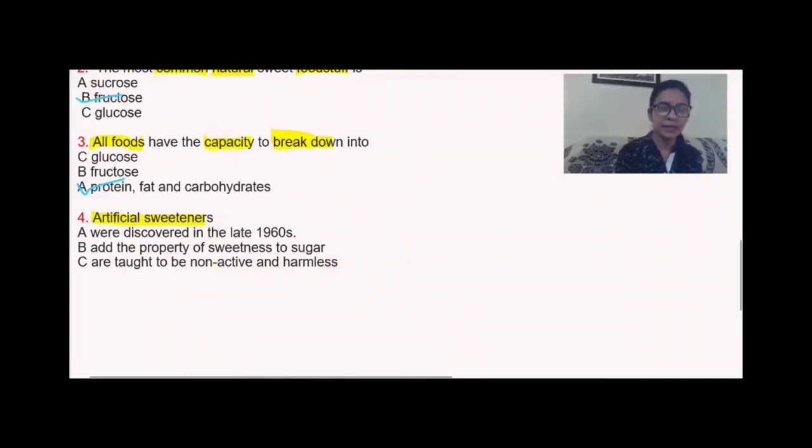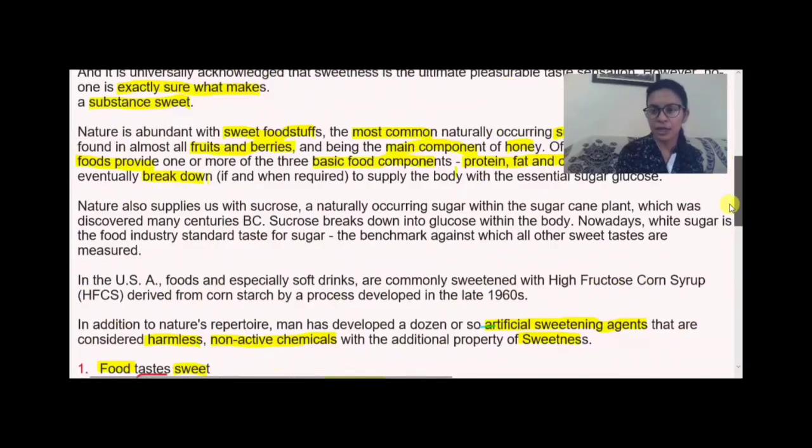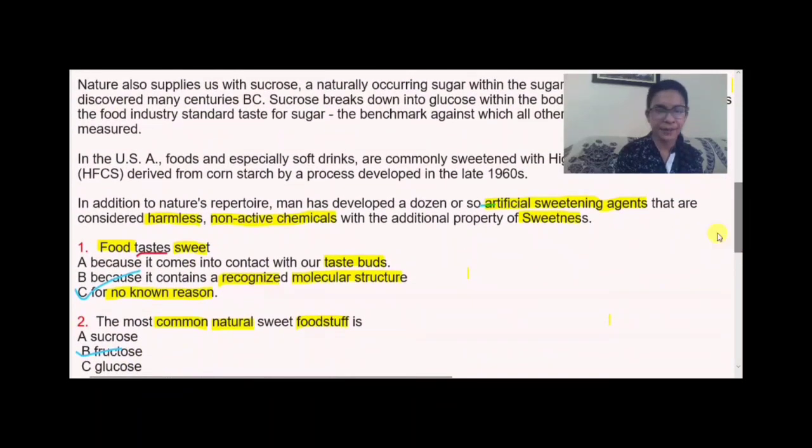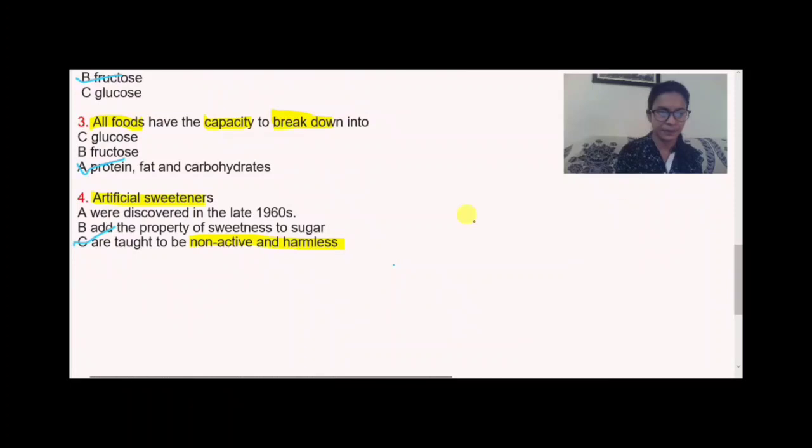And then the correct answer is C: are thought to be non-reactive and harmless. Because in the paragraph they are talking about it being harmless and a non-active chemical. So that is our answer.